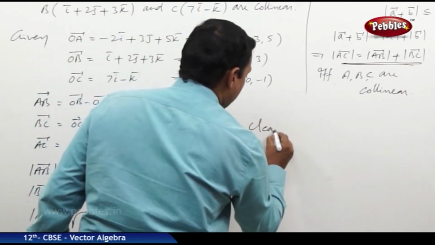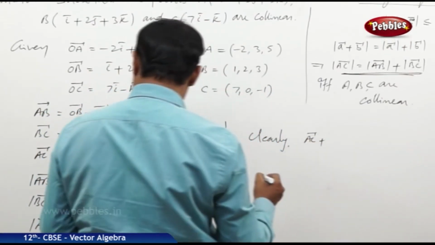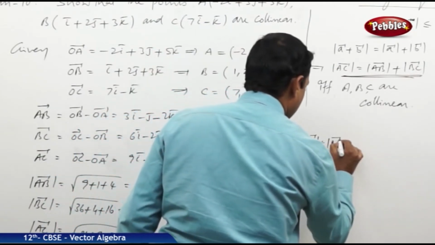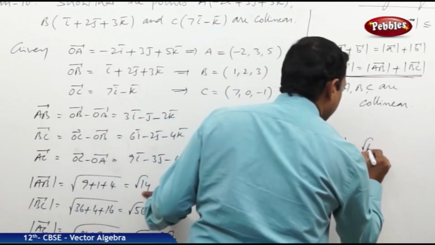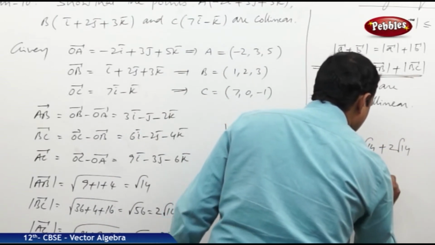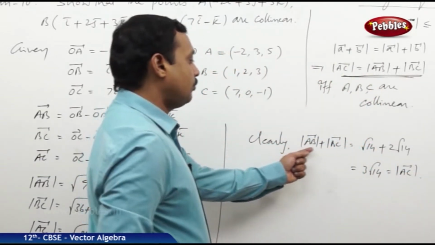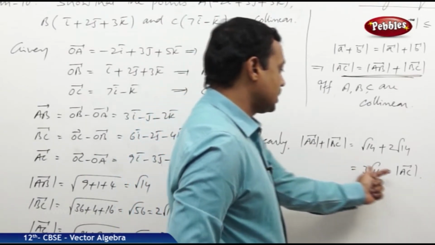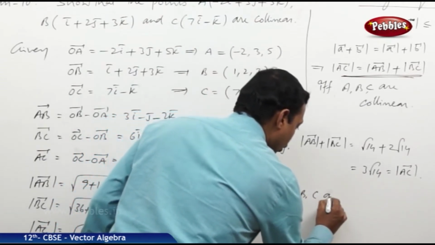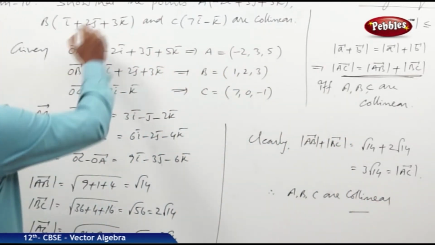So clearly it is observed that magnitude of AB plus BC is root 14 plus 2 root 14, which is 3 root 14, equal to the magnitude of AC. Therefore, the sum of two magnitudes is equal to the magnitude of the third vector. Hence, A, B, C are collinear. Therefore, finally, the given points are collinear.